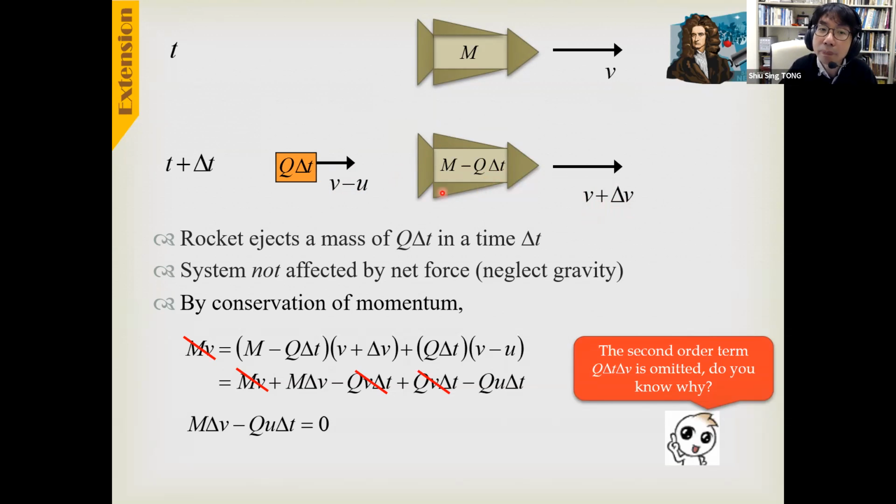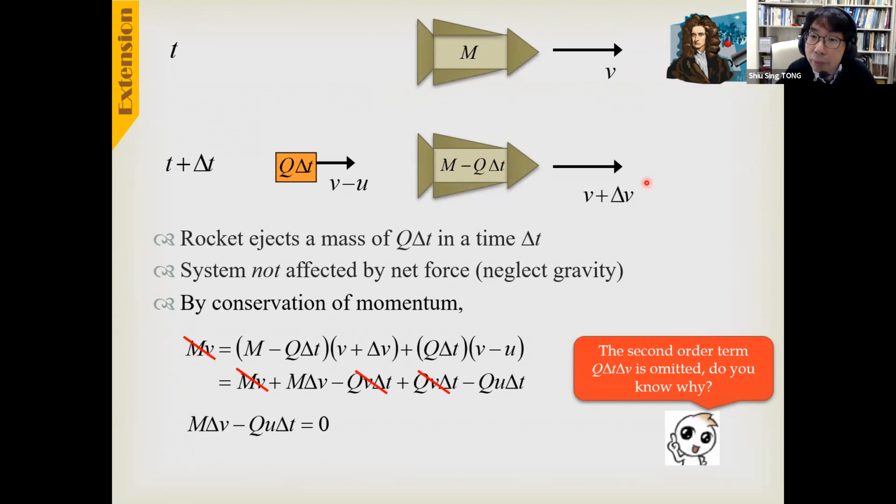Now we compare the initial total momentum with the final total momentum of the system. When gravity is neglected, the total momentum initially is equal to the total momentum finally. So we equate the two momenta to get the equation of motion. Okay, the initial momentum is of course mv, just the rocket multiplied by its velocity.